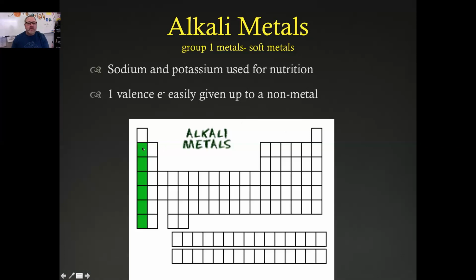Well, in order to satisfy the octet rule, the group 1 elements have 1 valence electron. All they do is give up 1 electron, and then they're happy because their outer energy level is full with 8. They satisfy the octet rule. The group 17 elements, these are halogens. The halogens only need to gain 1 electron in order to satisfy the octet rule.